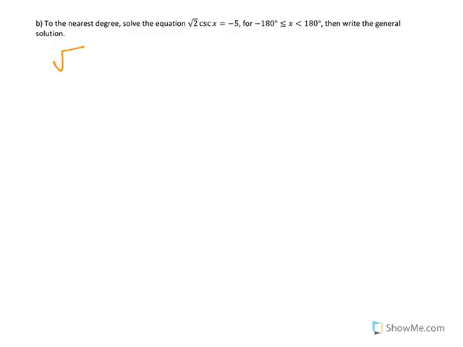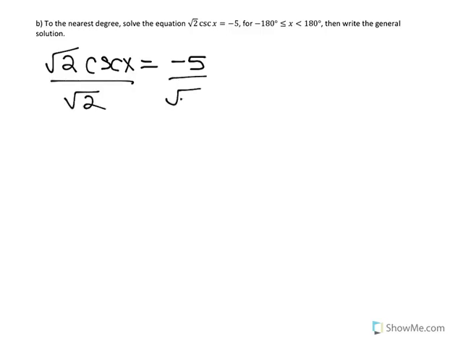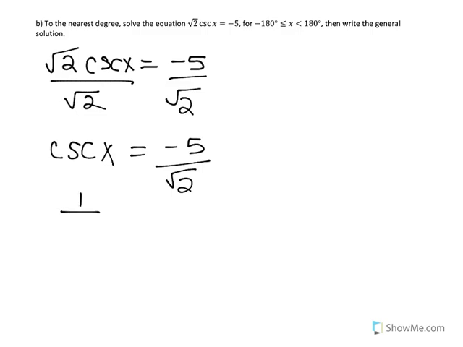So it's square root of 2 cosecant x equals negative 5. So we're going to get cosecant x by itself. So we have cosecant x is equal to negative 5 over root 2. And we know that cosecant x is the same as 1 over sine. So what I'm going to do is I'm just going to flip everything.